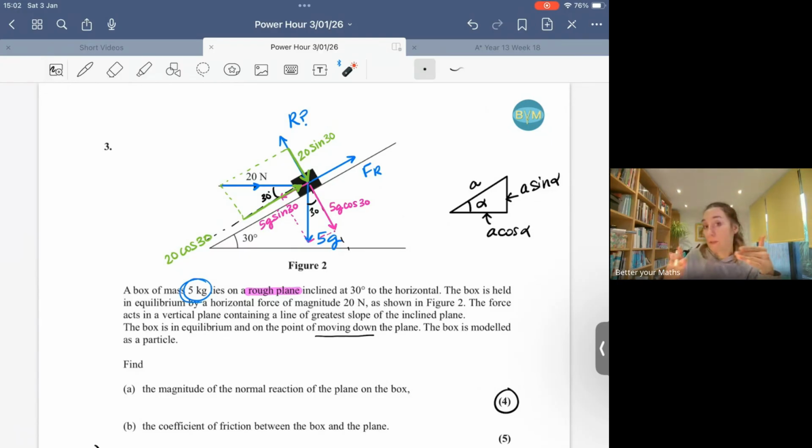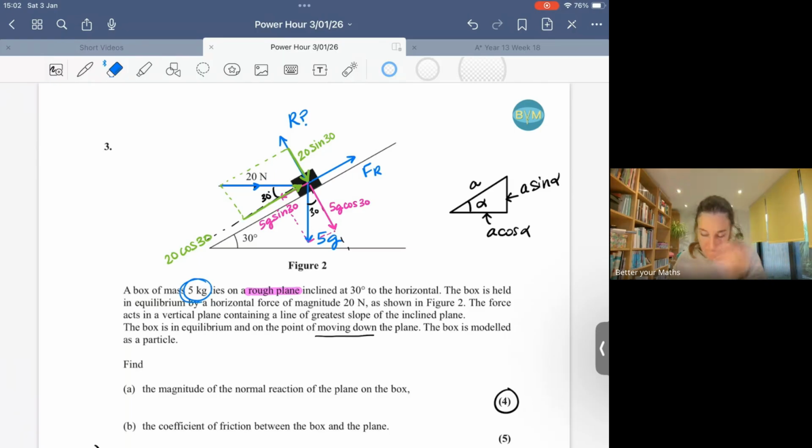We find the components of the vectors in the directions that we want. And then if the things are in equilibrium, we are just going to make forces in one direction equal to forces in the other direction. If this thing was moving, instead of equilibrium, we would be applying this: the resultant force will be the mass times the acceleration that this has. Imagine this is moving down with an acceleration. And that's it.